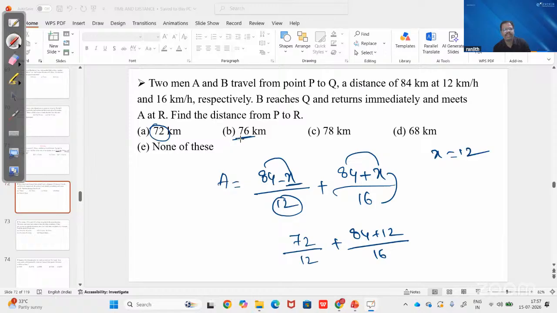If I take 76, total distance is 84 minus 76, it will be equal to 8, it will be equal to 90. It is not cancelled. So the answer will be 72. So distance between P to R will be equal to 72. By using options, we are finding. It has to be cancelled by 12 table as well as 16 table.